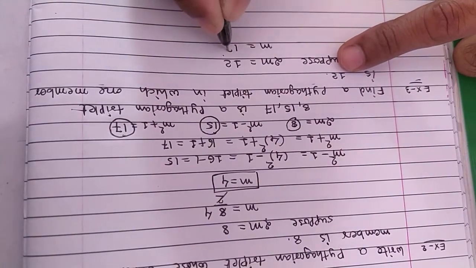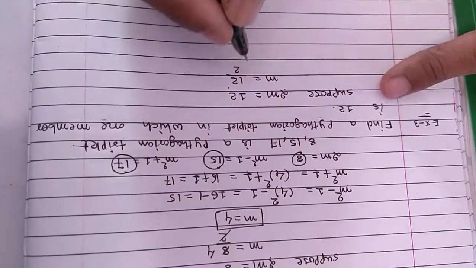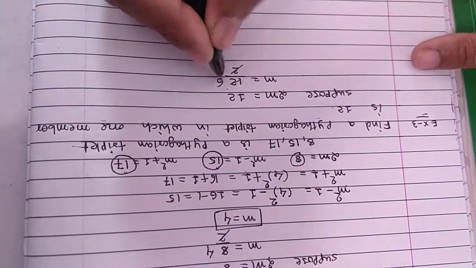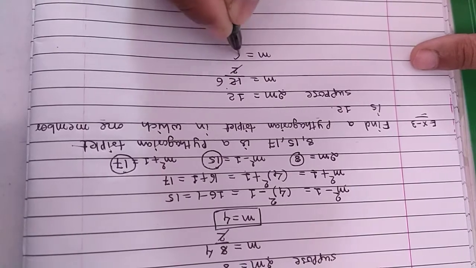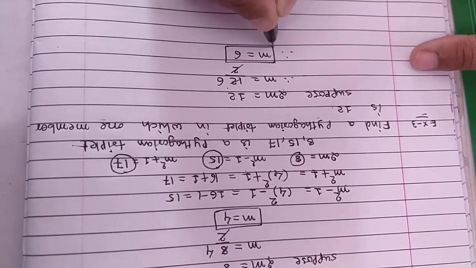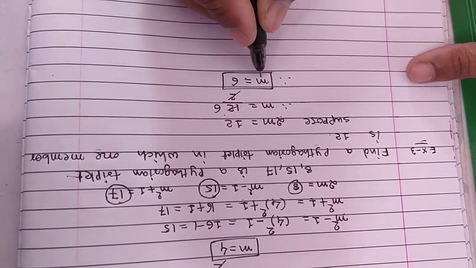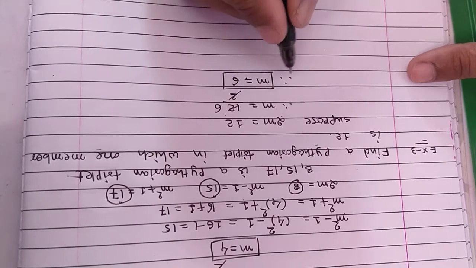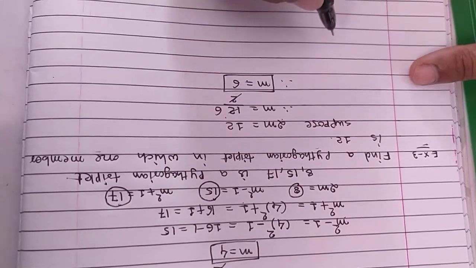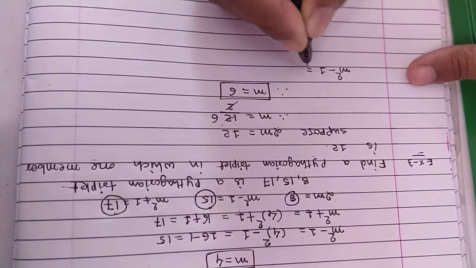So m is equal to 12 divided by 2. The 2 is in multiplication, now it goes to the denominator. 2 sixes are 12, so the value of m is 6. Therefore the value of m is 6. If you write something before the equal sign, you must write this therefore sign. Okay. Now the second number is m square minus 1.